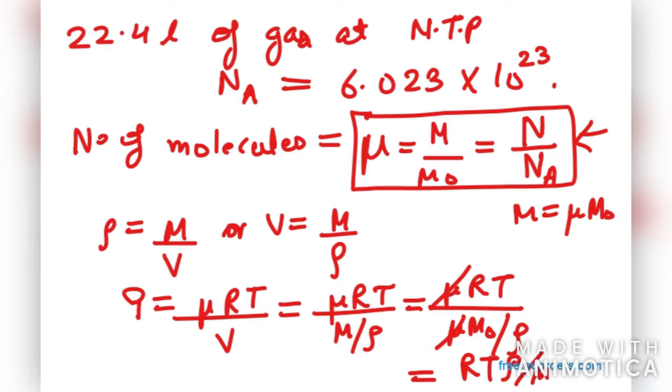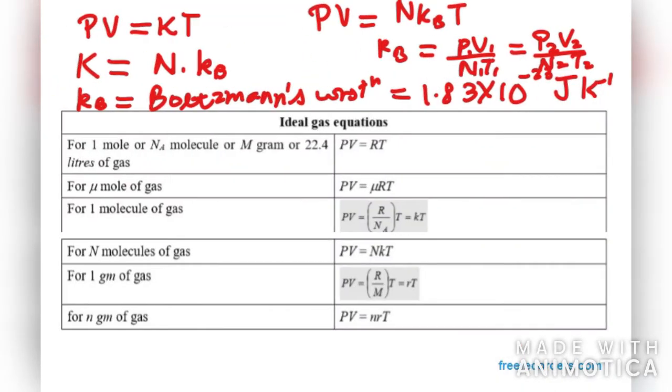rho M naught. So these are some of the values under different conditions, like you can find in the case where we have PV equal to mu RT. Let us look here. PV is equal to RT when we have 1 mole, or you can say 22.4 liter of gas. So this is the fixed quantity. Now for mu moles of gas, you need to just put mu here.